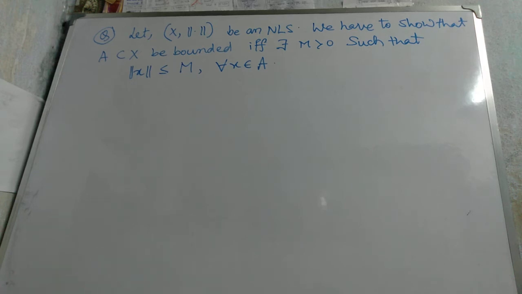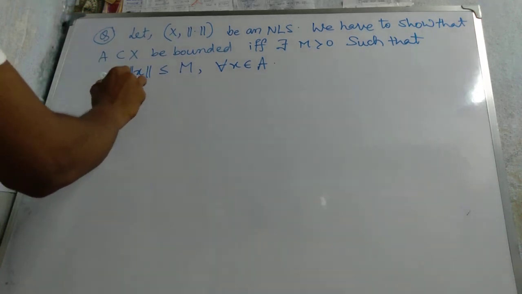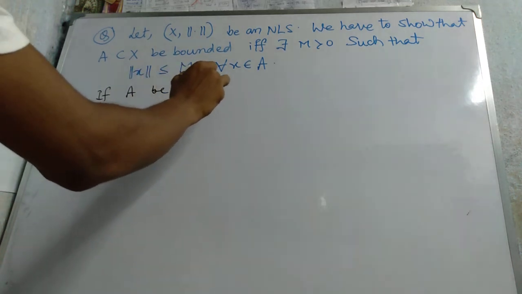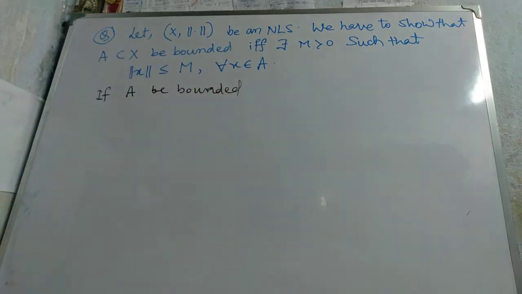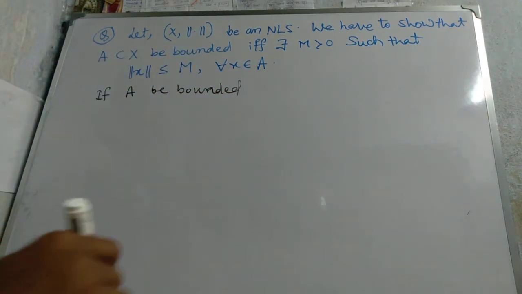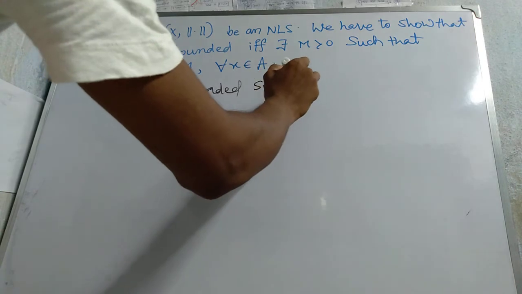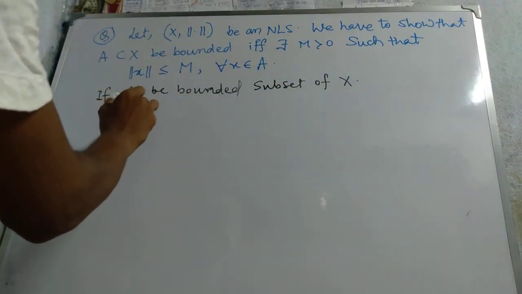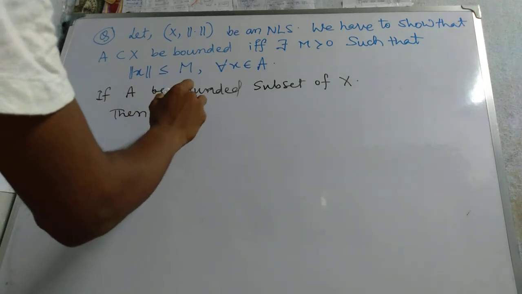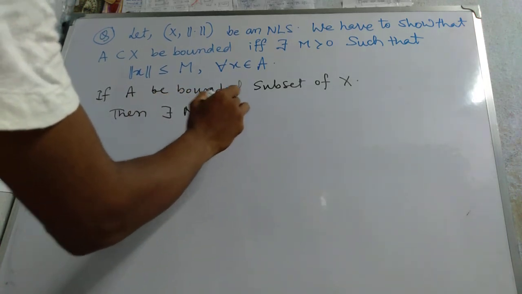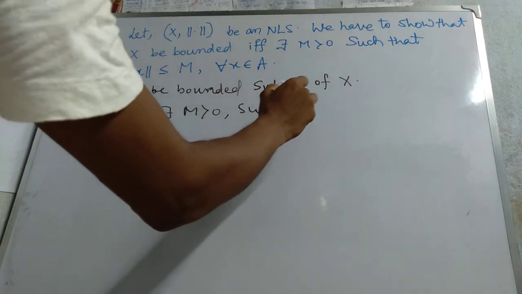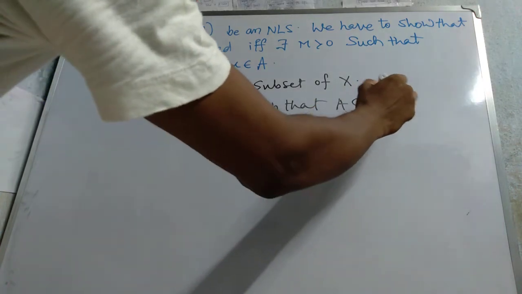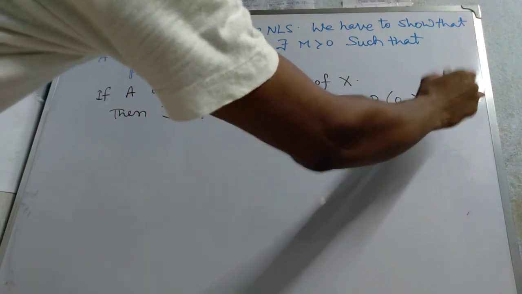Now what we do, if A is a bounded subset of X, then there exists m greater than 0 such that A is a subset of B(0, m).